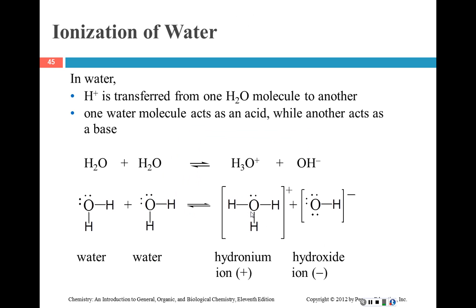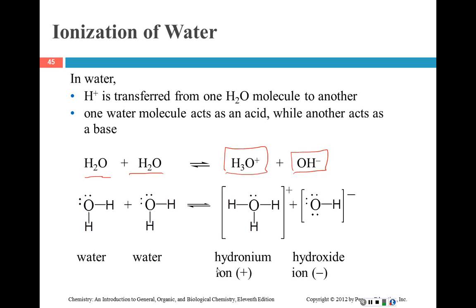So in water, we've already kind of seen this, that we can transfer a proton from one water molecule to the other, okay? And so when we do that, we get the hydronium ion and the hydroxide ion, okay?